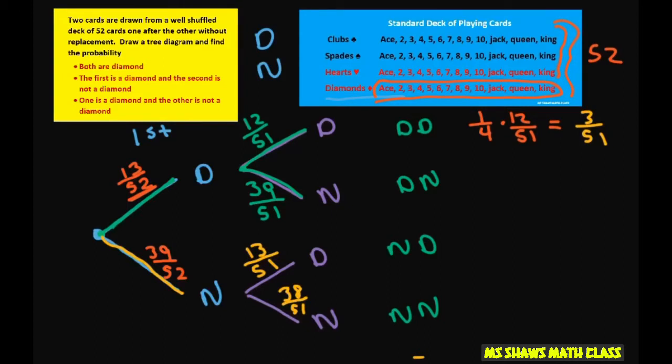All right. Now, the second one, diamond, not diamond, that's 13 out of 52, which again is 1/4, times 39 out of 51, sorry.